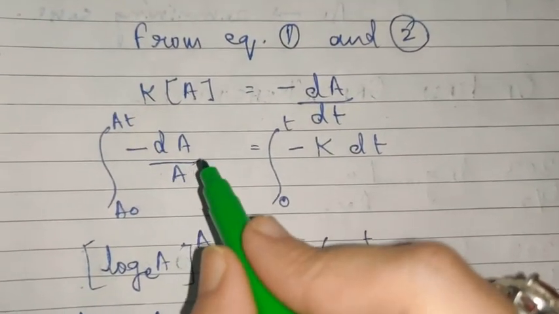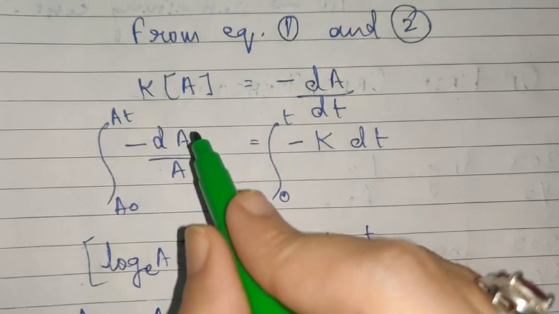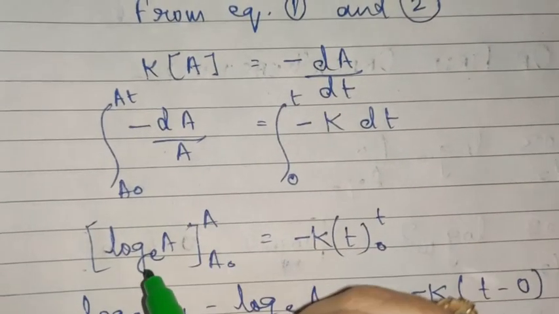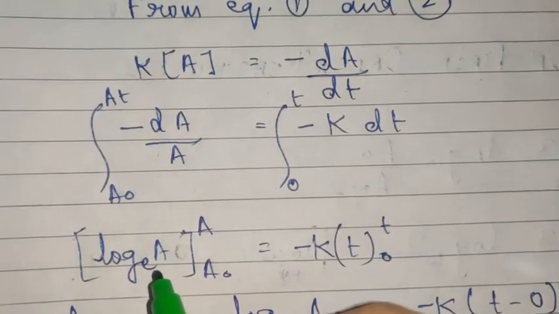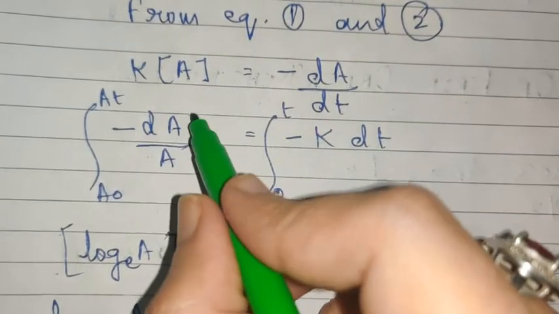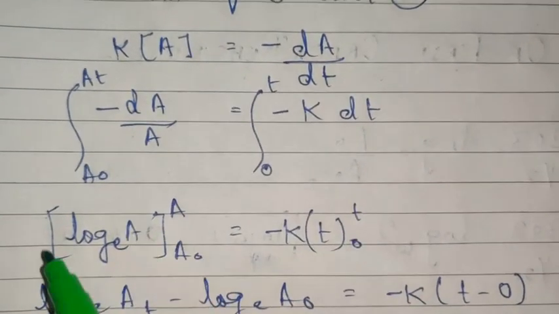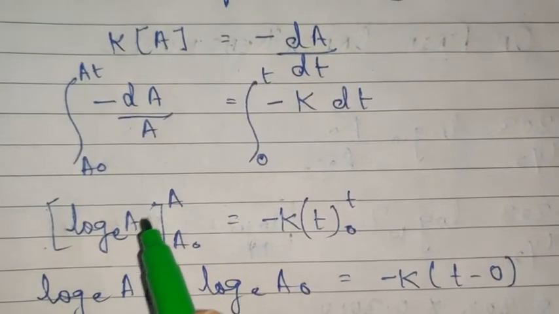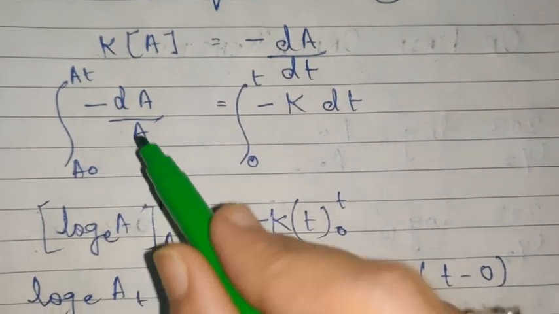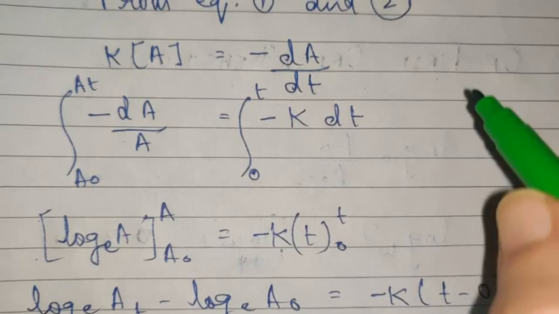And on integrating dA upon A, you'll get this expression ln A, that is natural log A, and the limit is A naught to A. This portion you need to learn.